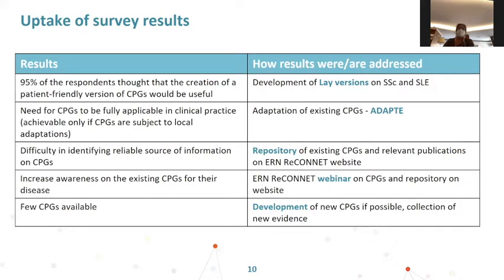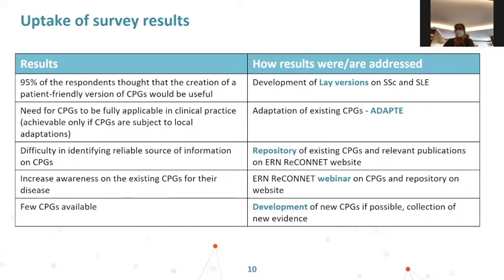But also the increased awareness on the existing CPGs for each disease was found important. That's why in the last 2-3 years, we have developed webinars on CPGs and the repository that I said is on the website. Nonetheless, but this is a transversal problem, few CPGs are available.